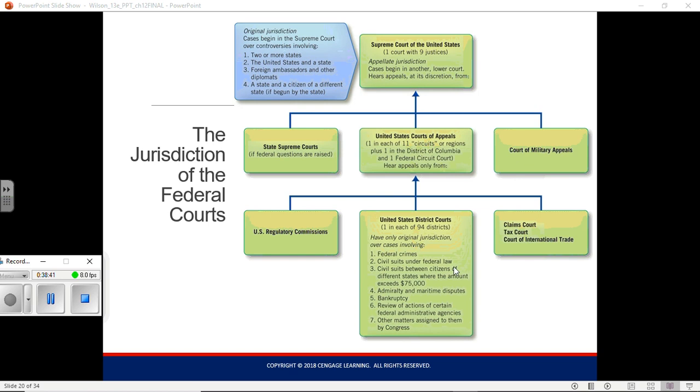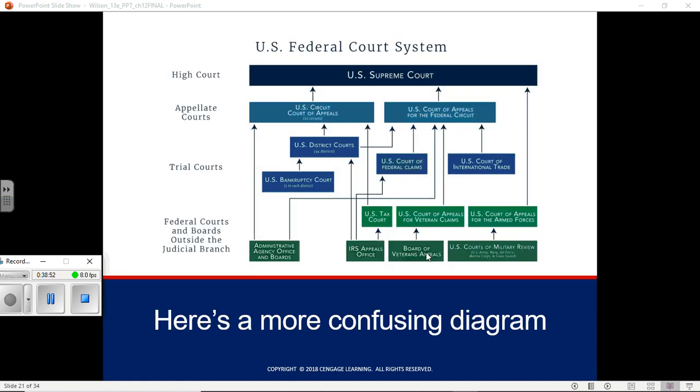But most cases start here because if you think about it, first of all, the only way you're going to go to appeals court is somebody is appealing a lower level decision. That's the thing that I don't think this diagram conveys properly. Somewhere a decision is being made, right?